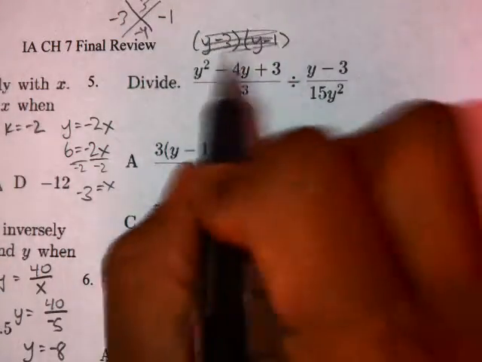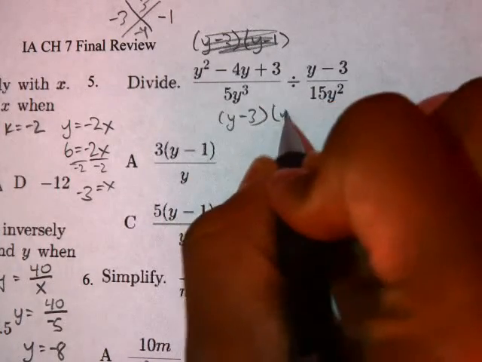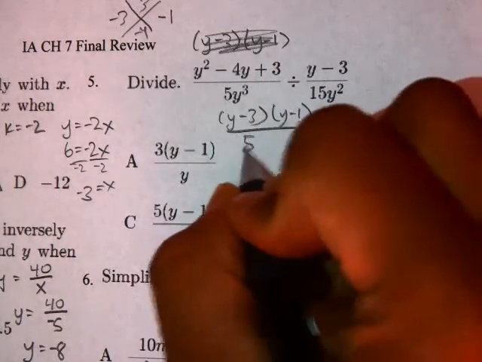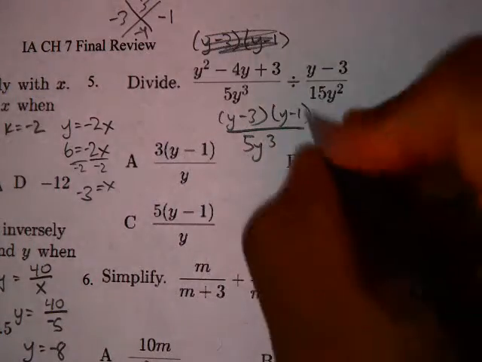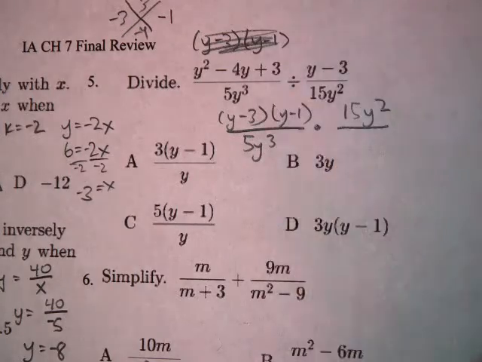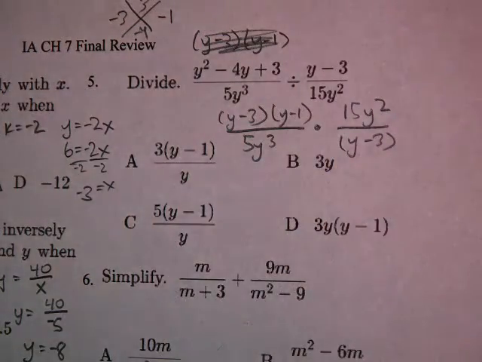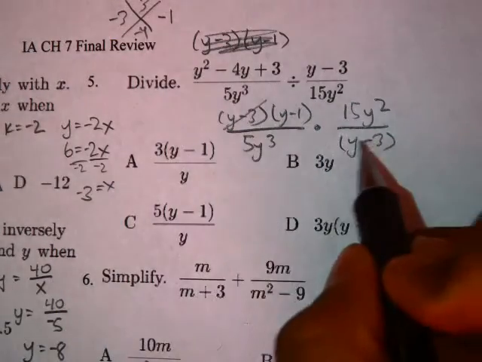I'm actually going to write it somewhere else. So down here, y minus 3, y minus 1, and 5y cubed remains. Multiply this time. The 15y squared is at the top now, and the y minus 3 is at the bottom now. The y minus 3's reduce.